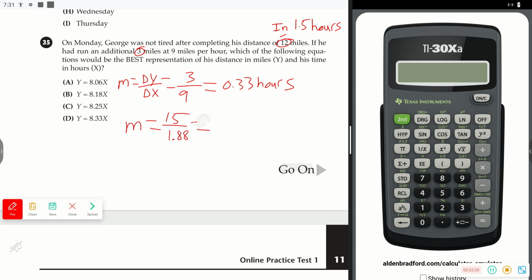And this is going to be times x, which is going to represent the number of hours. So the slope is representing the distance, and then the x is representing the number of hours. So 15 divided by 1.88 is going to be 8.18.